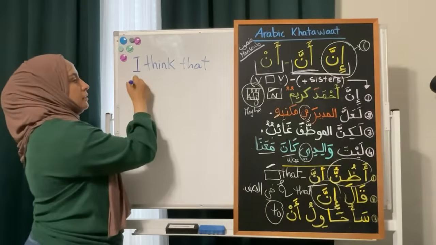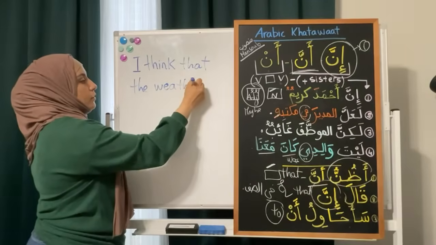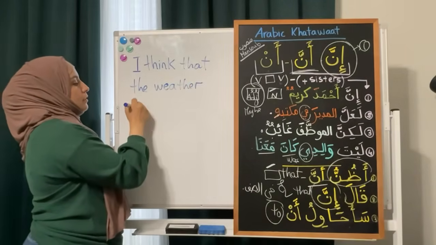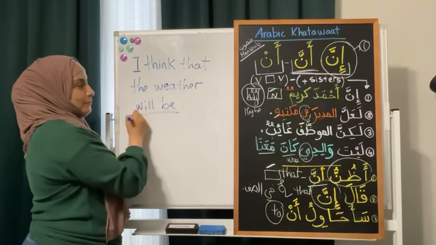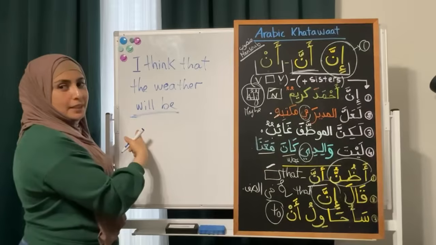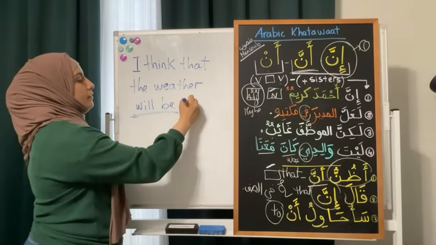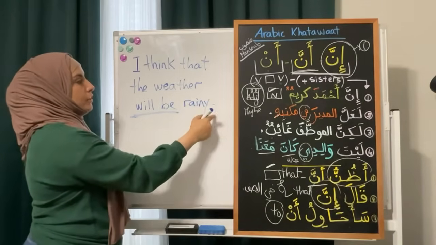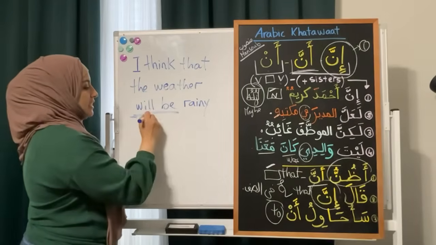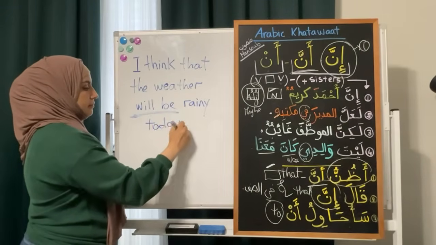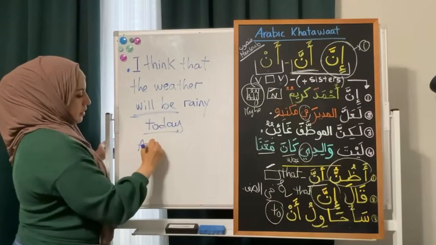I think that the weather will be rainy. And in Florida, we always think that. I think that the weather will be rainy today. So how would you translate this statement in Arabic?